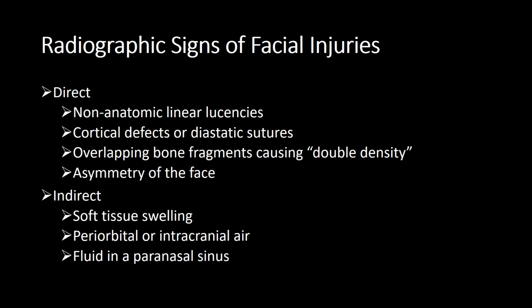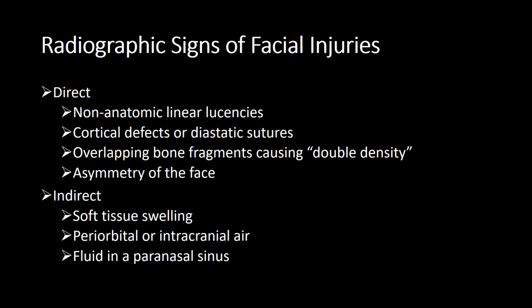So when assessing for facial injuries, what radiographic signs do we look for? We look for direct signs with non-anatomic linear lucencies. It's important to familiarise yourself with what a normal facial bone x-ray looks like.